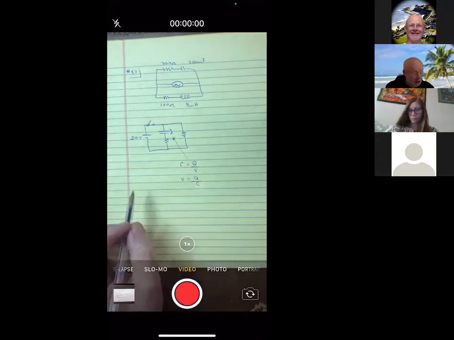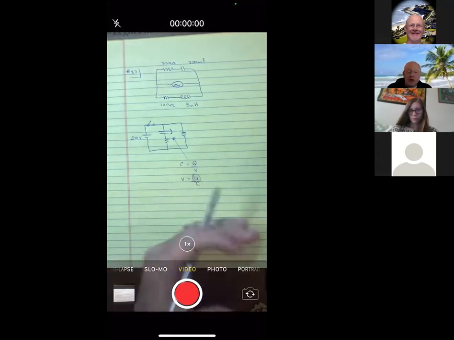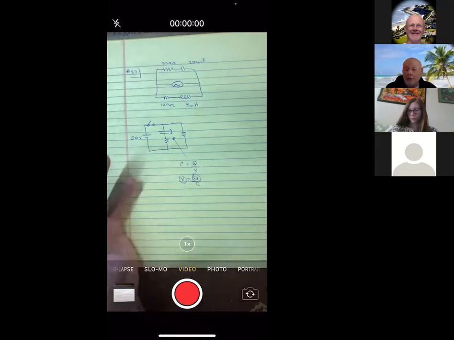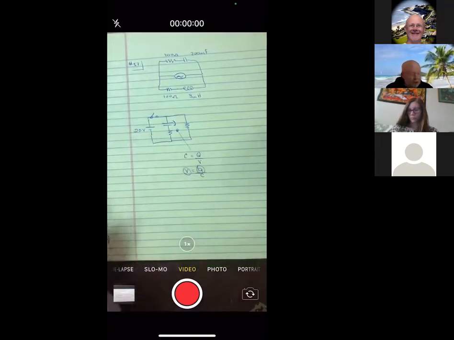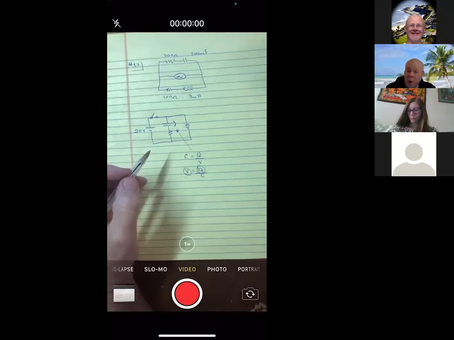When you first close the switch, you haven't had time for any charge to build up. So there's not any voltage on it, and you can treat it just like a wire, because a wire has no voltage.